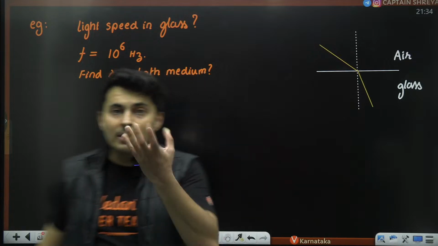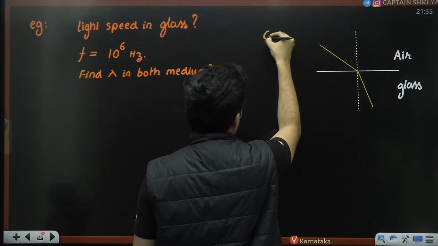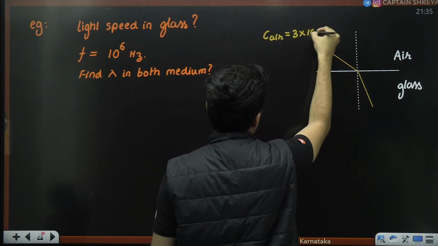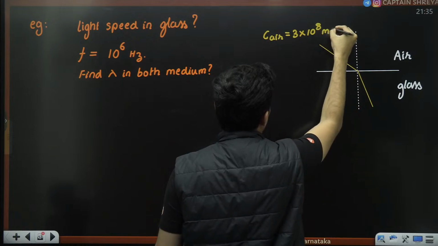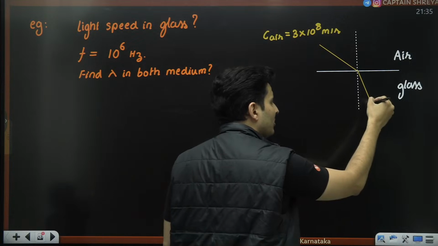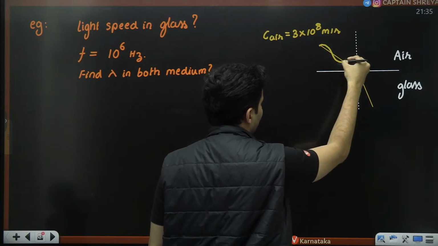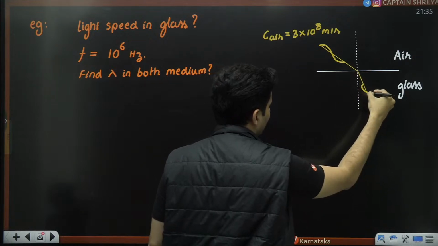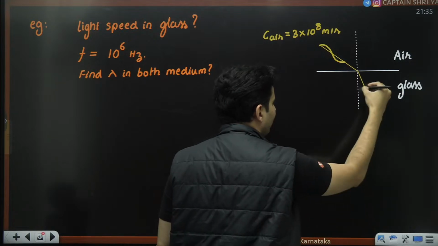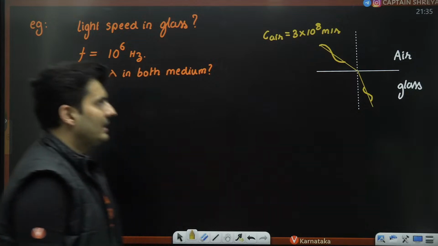In air, the speed will be more. How much will be the speed? The speed of light in air, we already know that's a standard value, 3 into 10 to the power 8 meters per second. And here, as soon as you go in, the speed will reduce. So if the wavelength was this much here, the wavelength will become smaller over here. It won't be as big as before.